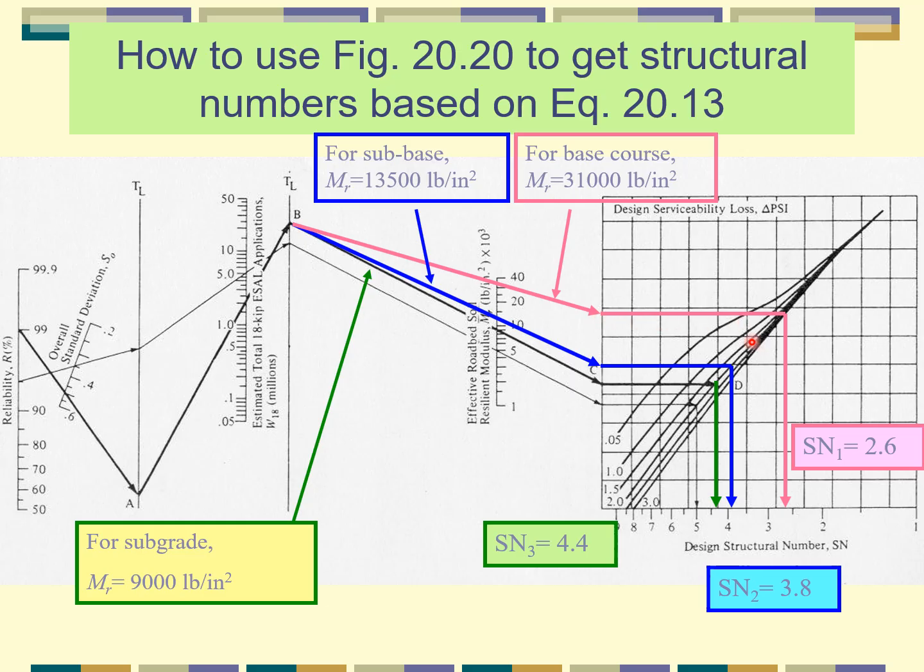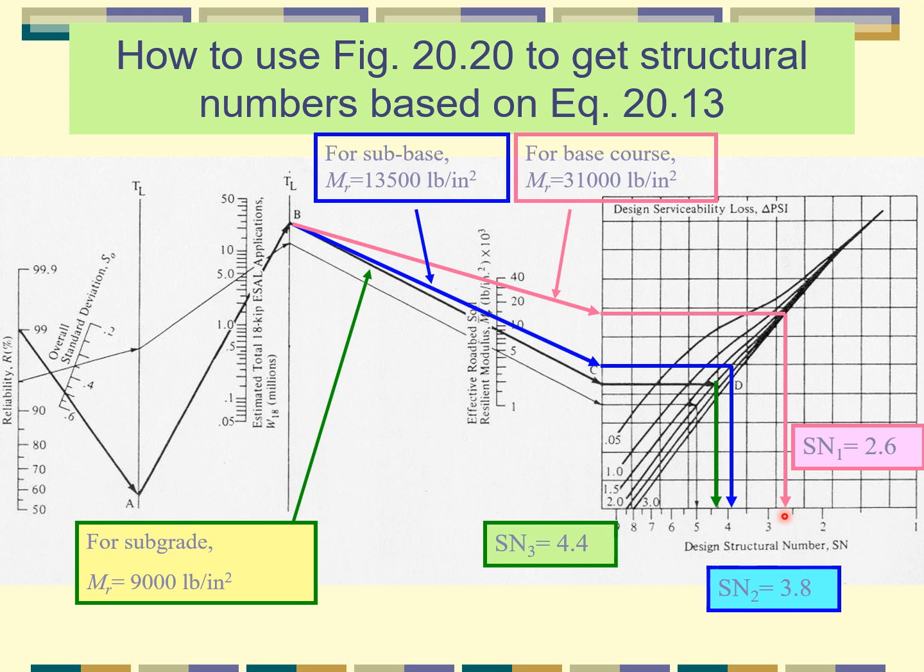Here you can see different lines corresponding to design serviceability loss. Let's say the design serviceability loss is this much in this case. So just draw this horizontal line and reach here and then move downward. So in this way you are getting the structural number SN1, that is equal to 2.6.